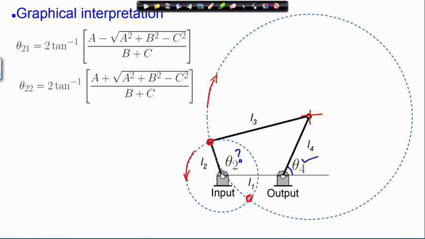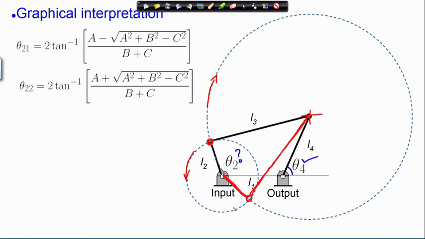ways we can assemble. So, there are two solutions, one is this black, the other, let me try to draw that. So, this is the second configuration, second solution.